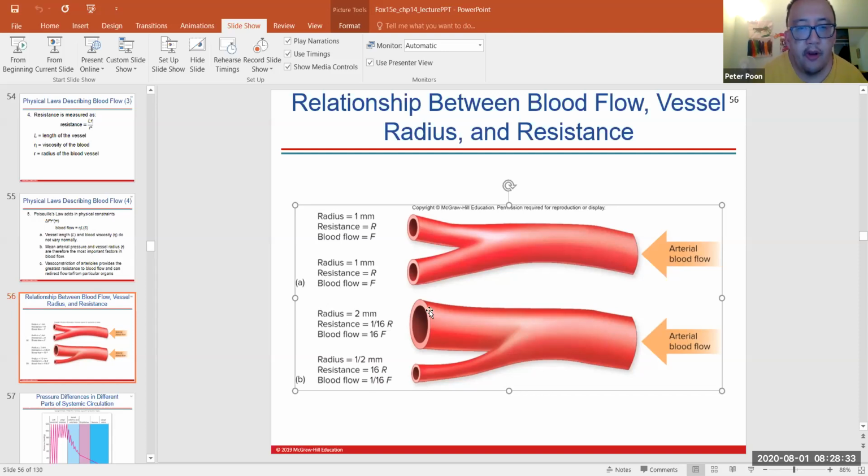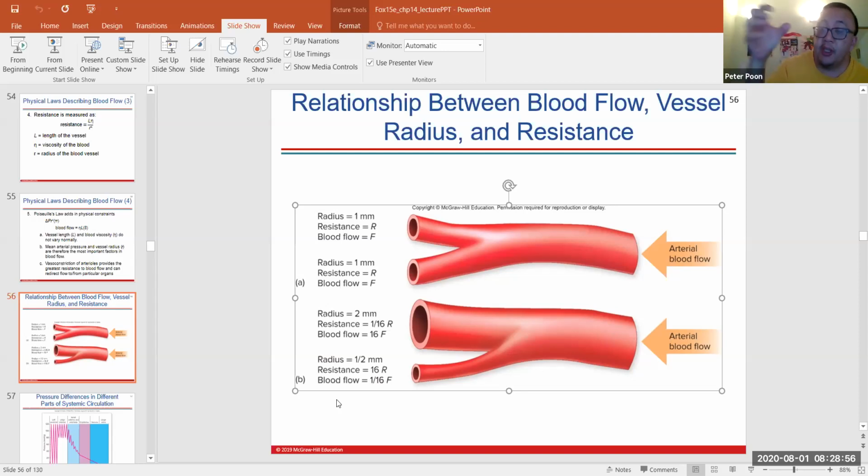So here, if you double the diameter from normal, the resistance is 1/16 of the original, because of the radius. So here you can see the same thing: how much harder it is to go through a small tube than a large tube. And that is a very big difference.